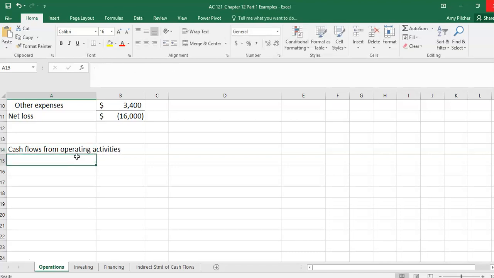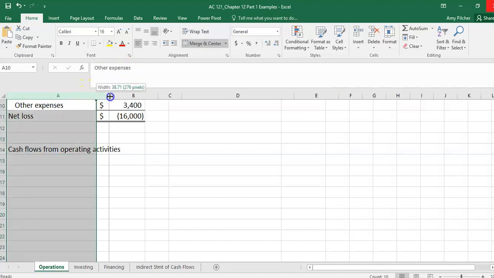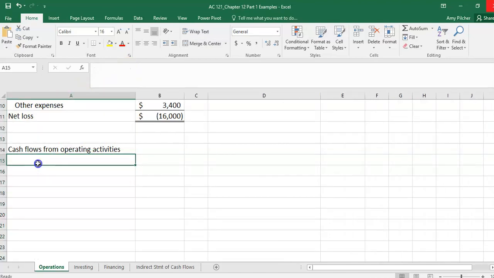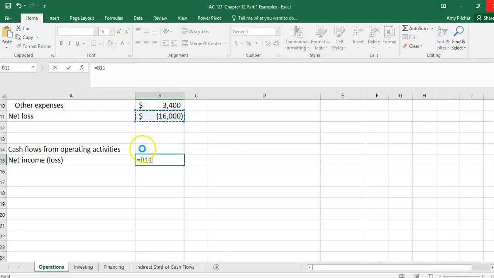This section shows what our cash flows are based on our everyday business activities, also known as operating activities. The first line in the operating activities section, when you're preparing using the indirect method, is net income. So we start with the net income or loss. In the case of this example, we have a loss.